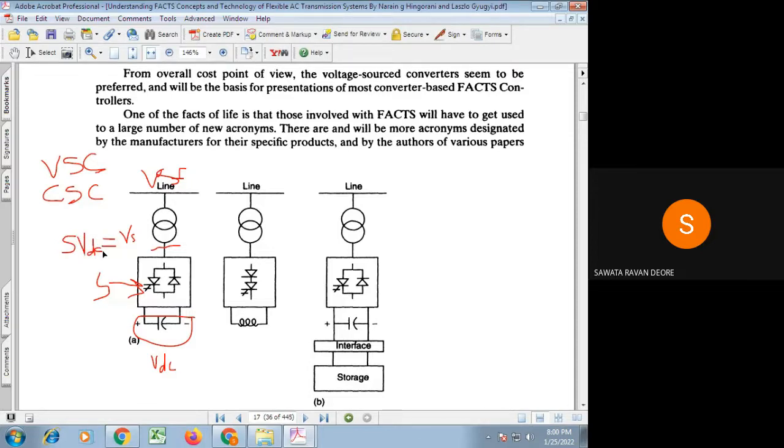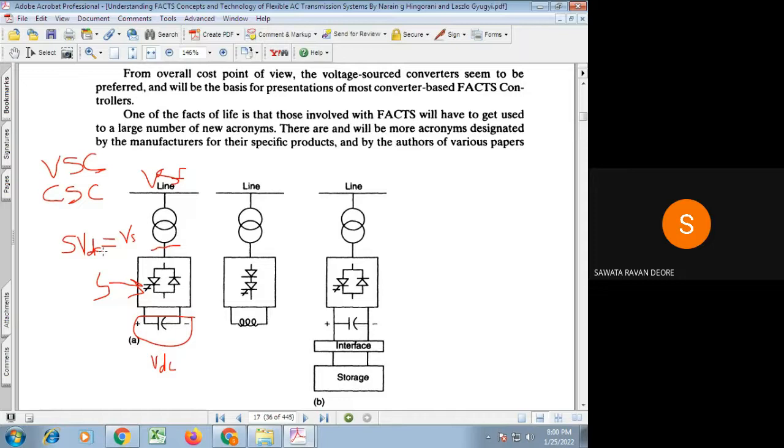Basically, when we convert DC into AC, we are not doing anything rocket science there. We simply regulate the power semiconductor switches such that DC will look like the positive half of AC and the negative half of AC.